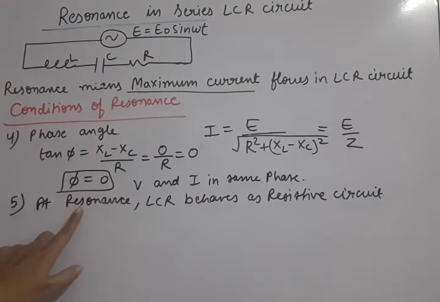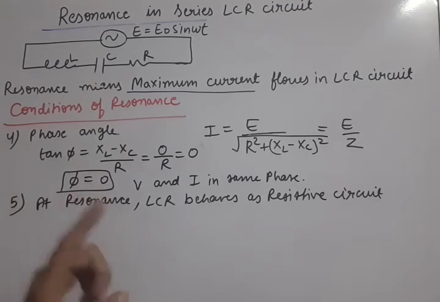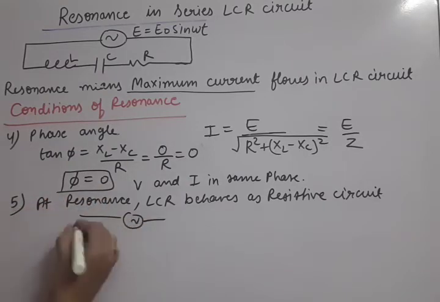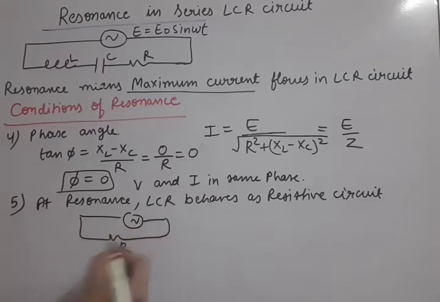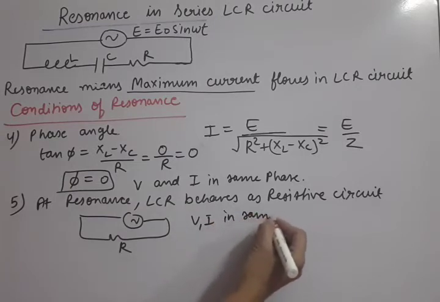But as soon as resonance appears, the phase difference of this LCR circuit comes out to be 0. But a phase difference of 0 comes when only R is connected across an AC supply. We have studied this single circuit R. When only R is connected across AC, then V and I are in the same phase. Right?